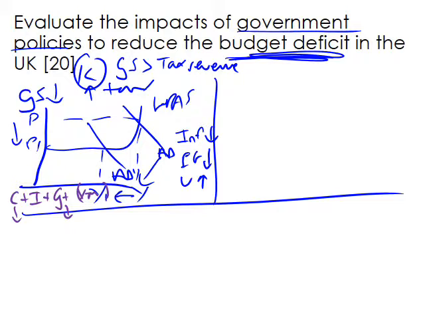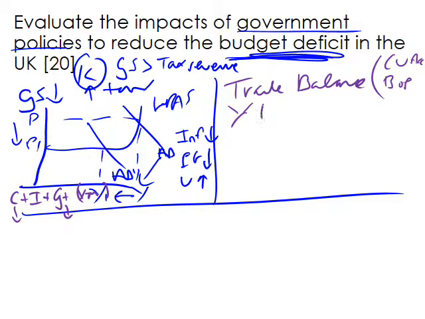There is one potential positive impact we don't show on the graph, and that is an improving trade balance, or an improving current account on the balance of payments, because as disposable incomes fall, then people spend less on normal imports.